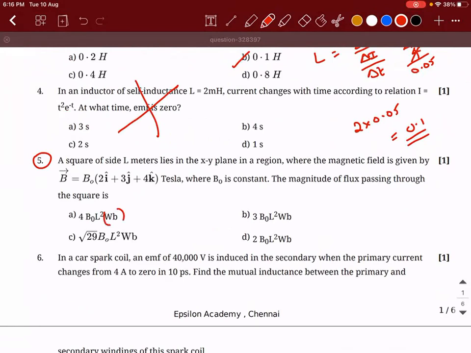Okay, don't get confused. So there is a square of side L meters lying in the XY plane in the region where the magnetic field is given by B is equal to B naught into 2i cap plus 3j cap plus 4k cap. The magnitude of the flux through the square is. So there is a square which is lying in the XY plane. The area vector of this coil will be in which direction?